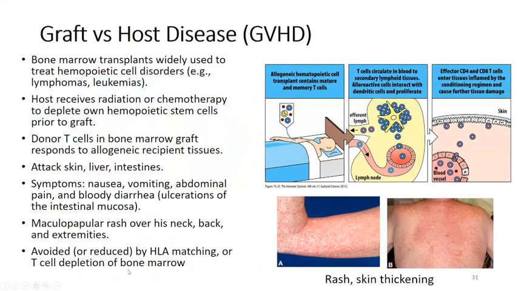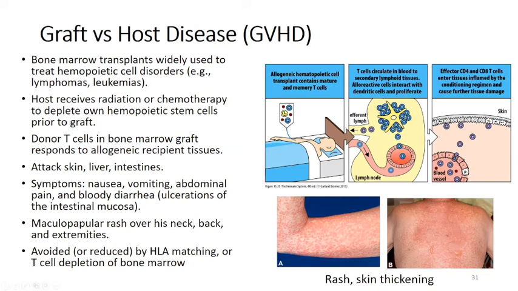Now look at graft versus host disease, which is kind of the other way around. Instead of the host rejecting the transplant, here the transplant tries to reject the host, and it's called graft versus host disease. This often happens with bone marrow transplants, which are widely used to treat lymphoma.